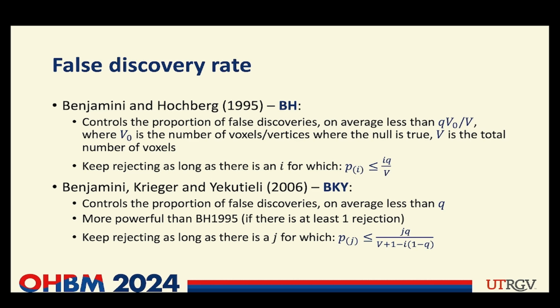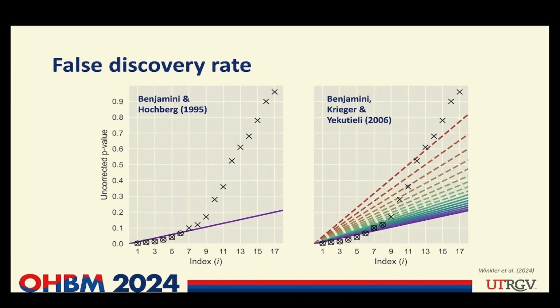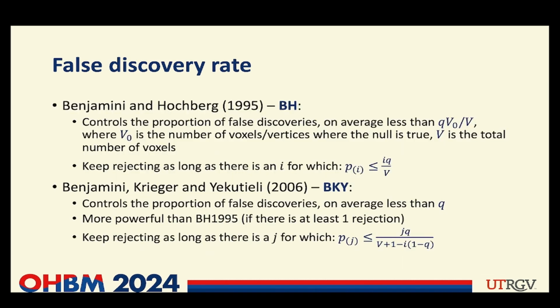So let's say you have V voxels or vertices or whatever, and you have a number V0 of tests in which the null hypothesis is truly true, in which really there is no effect whatsoever. FDR controls not the value that you want, which we normally put in this variable Q. It controls Q times this fraction.